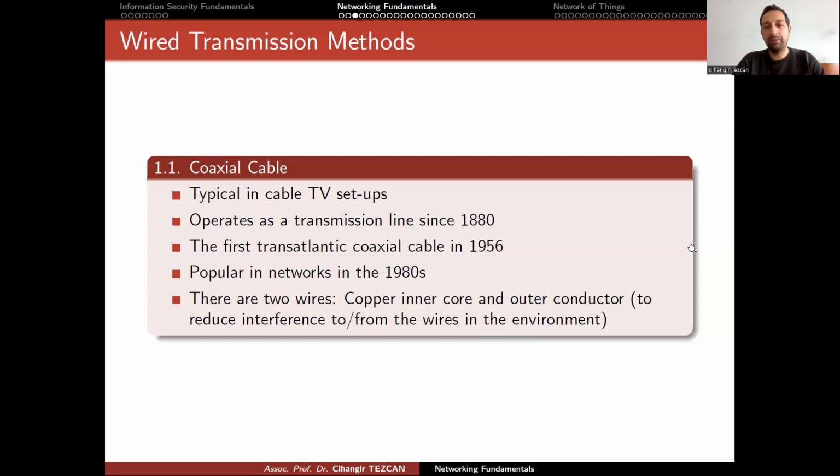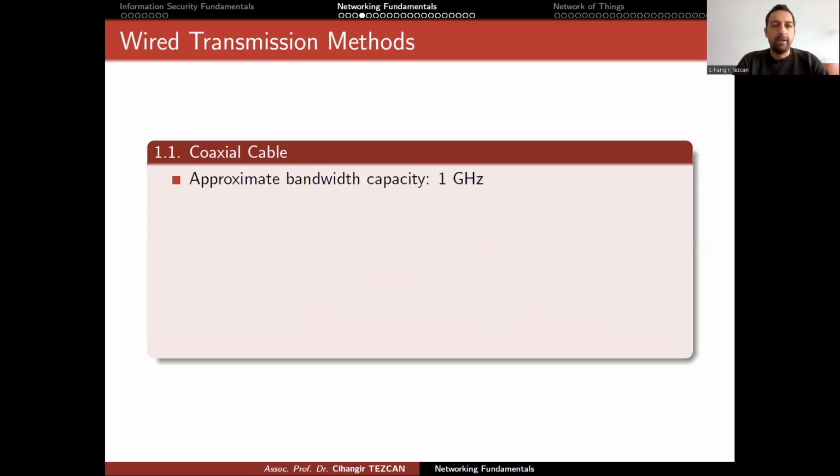This is why people came up with different ideas, like instead of copper, let's say gold, because it is a better conductor. Physically people saw some challenges, but thanks to physicists, we have an outer conductor which prevents interference, and this is why we can transmit data over long distances.